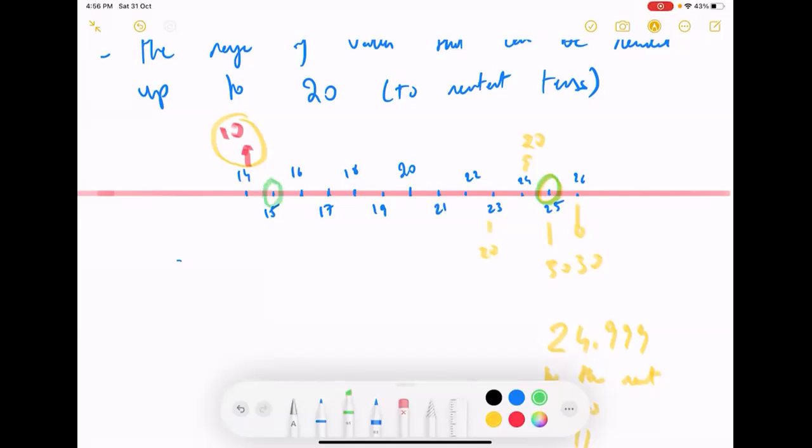Anything greater than 15, including 15, when rounded to the nearest tens will give us 20. So you will mark it, draw a line. Then 25, we will not shade 25 because it's not included.